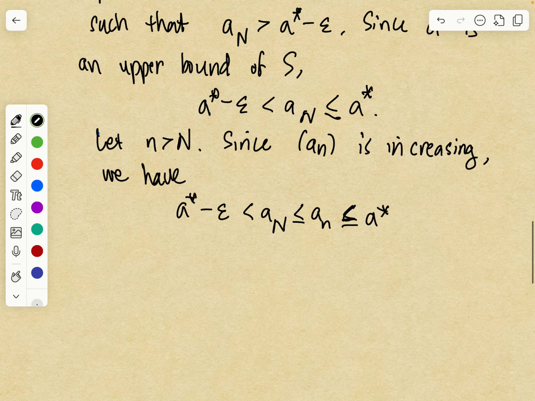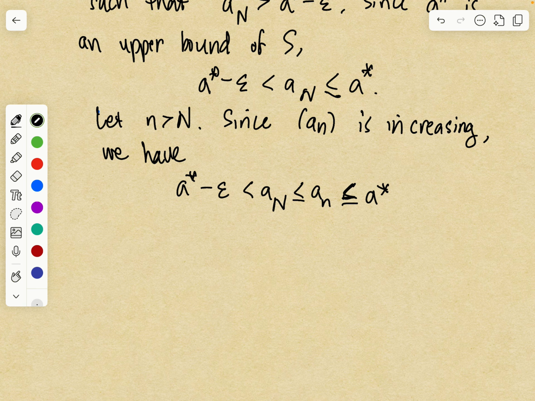Okay. But that means that a_n is in the open interval of radius epsilon centered at A star. And that concludes the proof, because little n was just any integer greater than capital N.